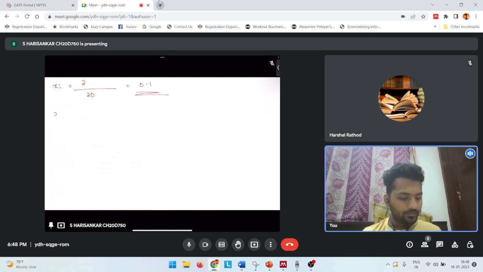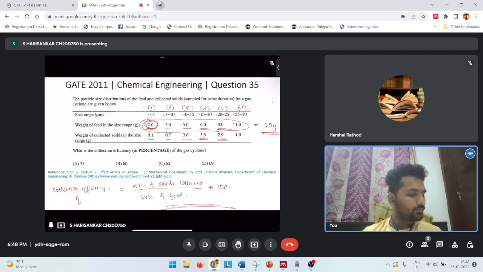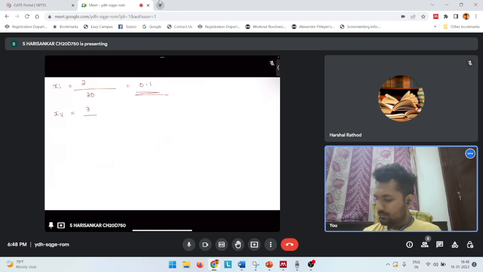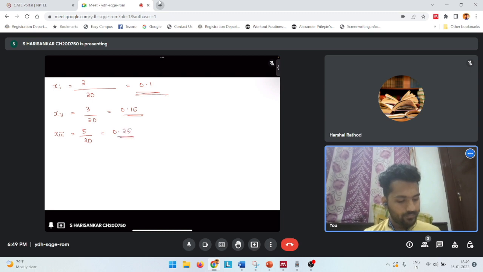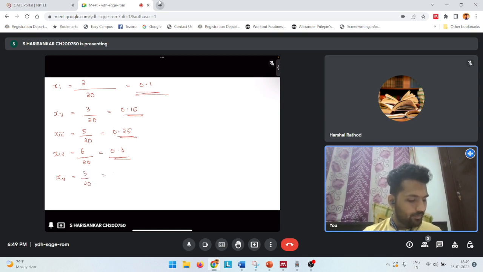Similarly, we can find the mass fractions of these particles in the different size ranges. So x2 will be 3 by 20, that will be 0.15. X3 will be 5 divided by 20, and that will be 0.25. X4 will be 6 divided by 20, and that will be 0.3. X5 will be 3 divided by 20, and that will be 0.15.